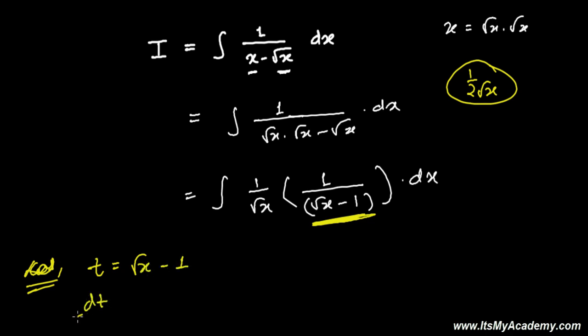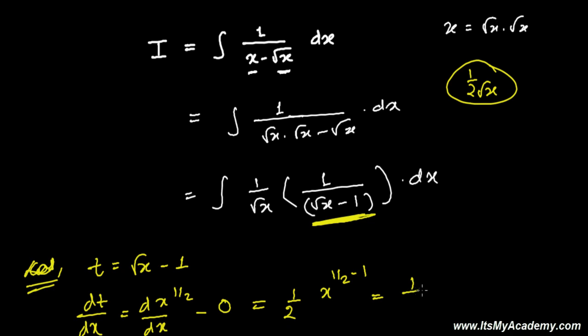Now dt over dx is the derivative of x to the power 1 by 2 with respect to x, minus the derivative of the constant, that is 0. With the power 1 by 2, the power gets reduced by 1. It's the power rule of derivative.